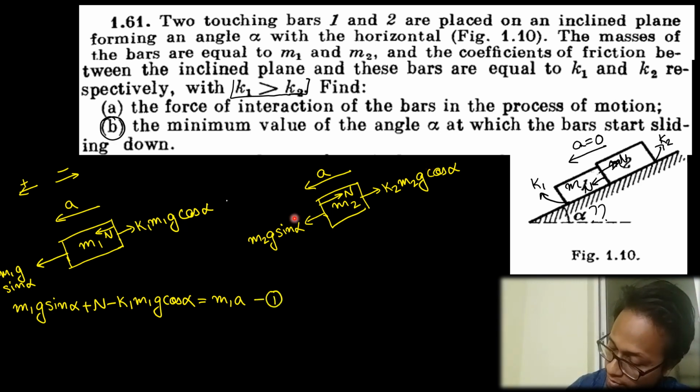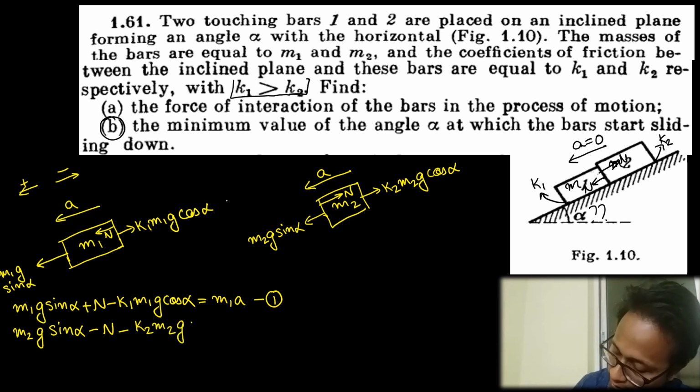Now let us write the equation of this body. m2g sin alpha minus n minus k2 m2g cos alpha is equal to m2a. This is equation number 2. When you add these two equations, what do we get?